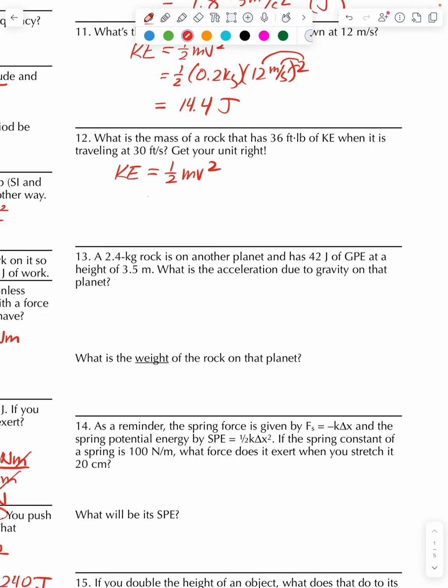Now here's a pro tip. If you're not good at algebra, and some of you aren't great yet, you're going to be great at it soon, but I see a lot of mistakes where you can't solve this for m or v or whatever. If that's you, then write down on your little cheat sheet every variation of this problem correctly solved.